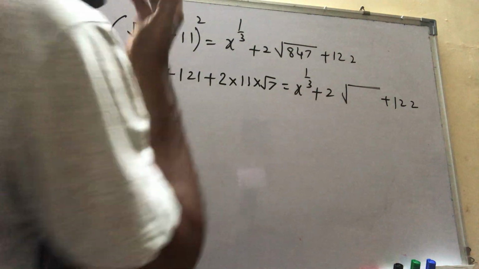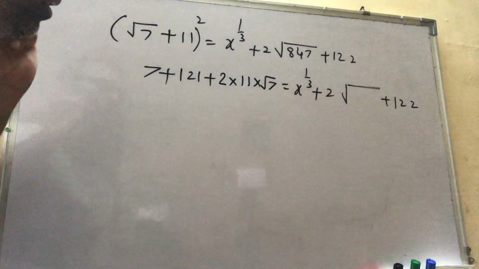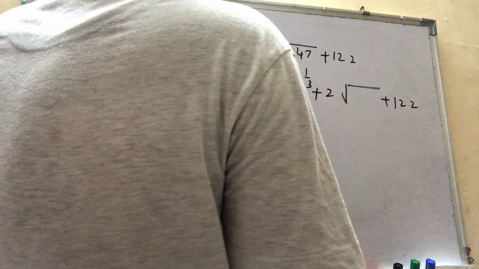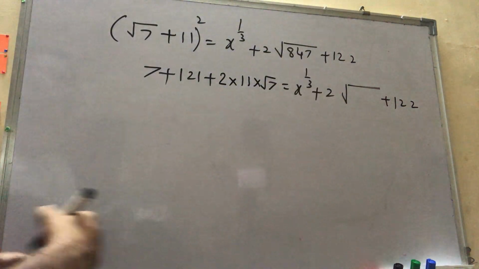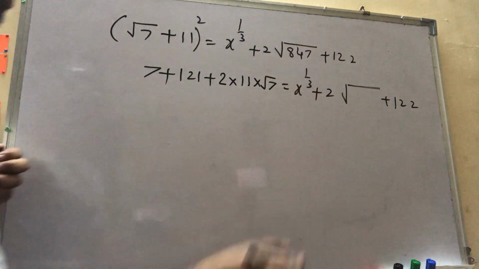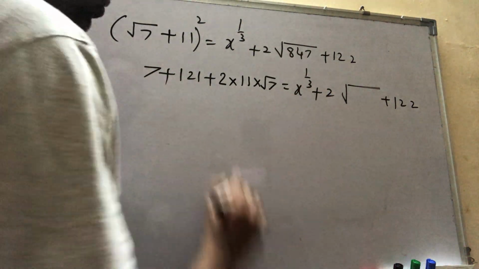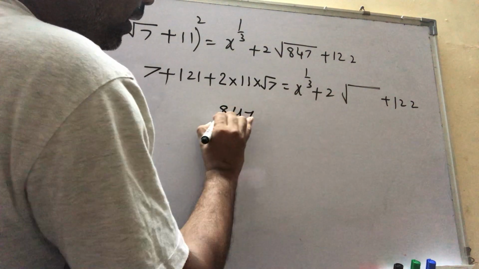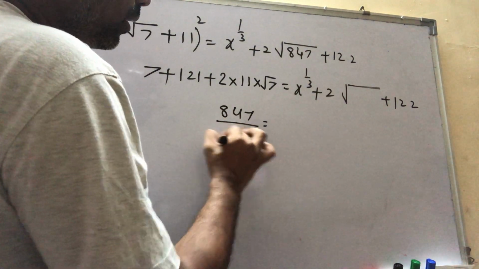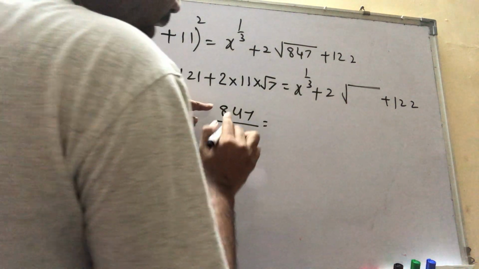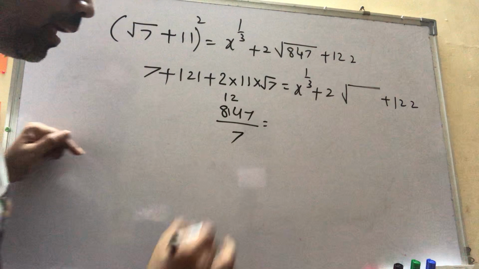Now see what you do. Here we have 7, no? So if you divide that number 847 by 11, or if you divide by 7, what will you get? 7 ones are 7, then 1 left, 7 twos are 14, and again 7 ones are 7.